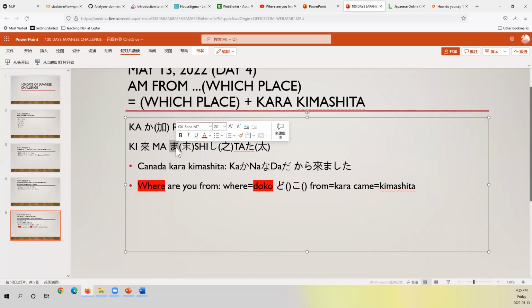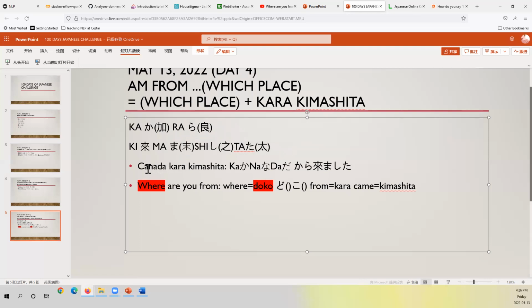In my previous lesson I said this ma is derived from another kanji, which ended up not being accurate. The accurate kanji that it is derived from is actually this. I think in this way it's actually more similar to these two. And shi is derived from this, and da is derived from this.